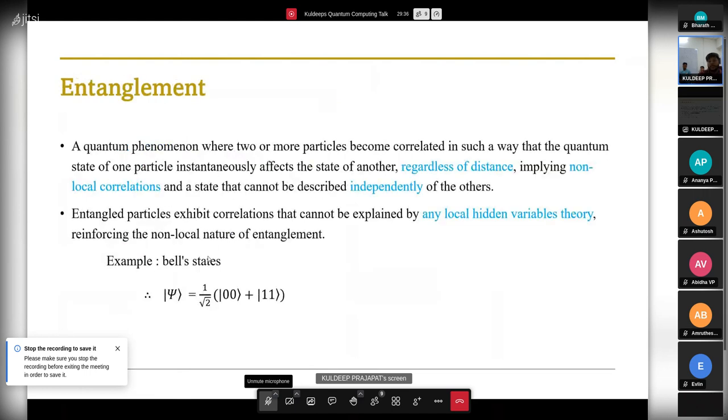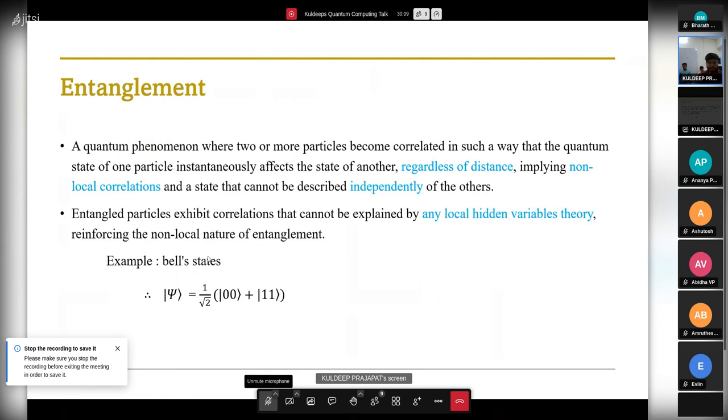Next is entanglement. So what is entanglement? It is a quantum phenomenon. There is no representation of entanglement in classical mechanics. It is a purely quantum mechanical phenomenon where two or more particles become correlated in such a way that the quantum state of one particle instantaneously affects the state of another particle.